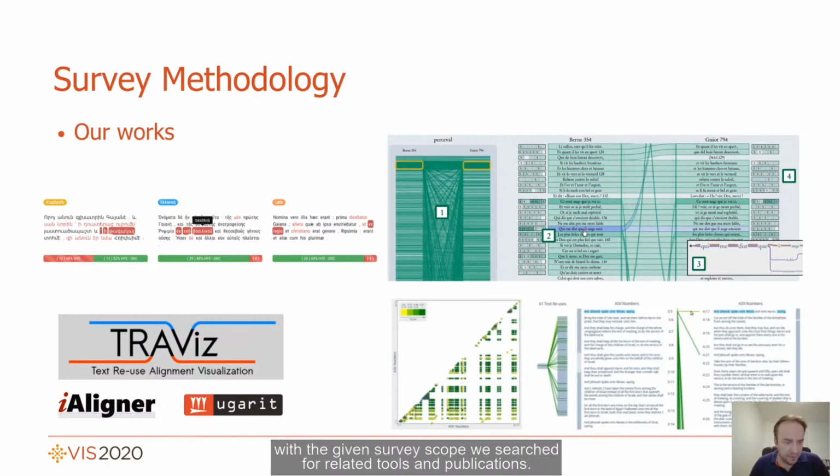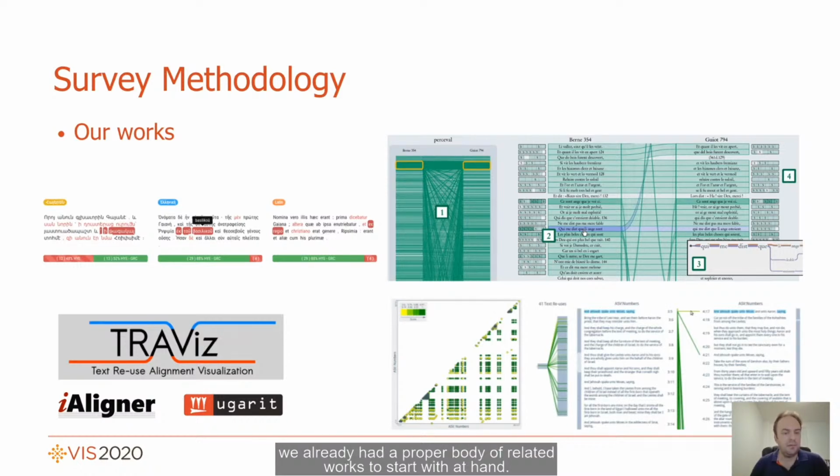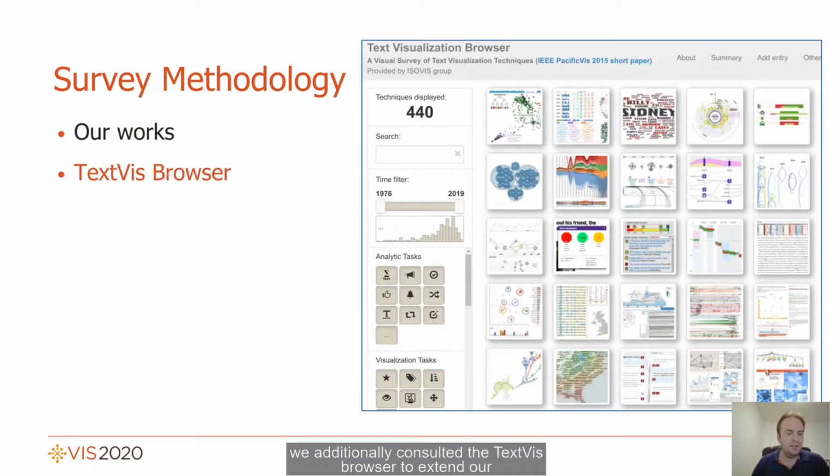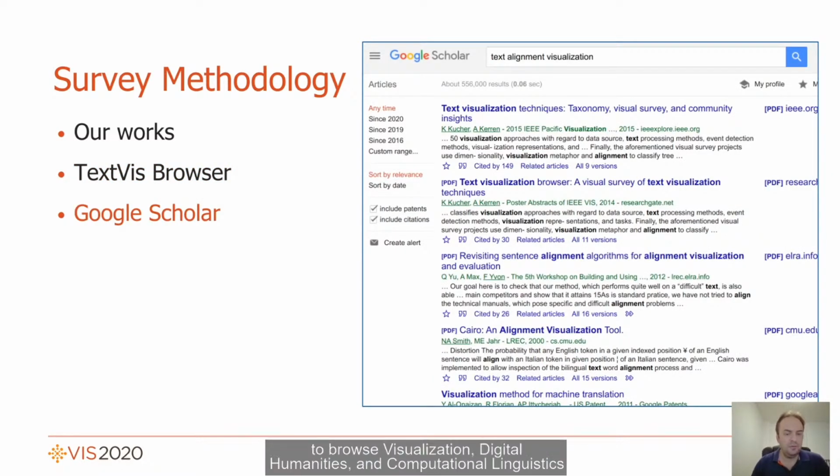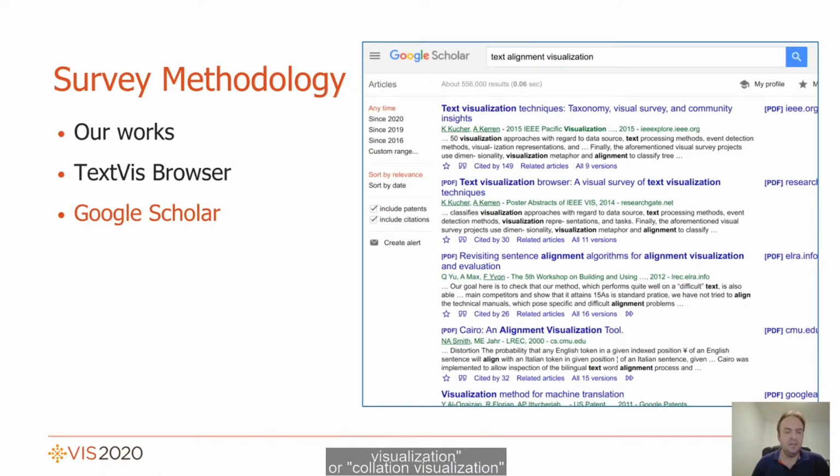With the given survey scope, we search for related tools and publications. As we ourselves are active researchers in this area, we already had a proper body of related works to start with at hand. We additionally consulted the TextVis browser to extend our collection. We further used Google Scholar to browse visualization and digital humanities and computational linguistics journals and proceedings using related keywords like alignment visualizations or collation visualization.